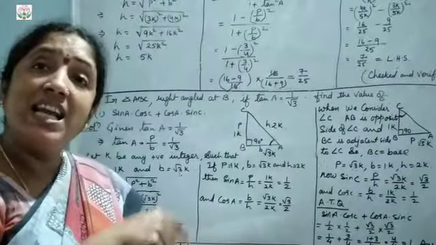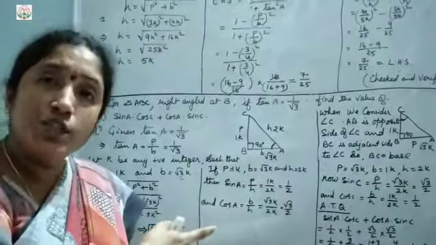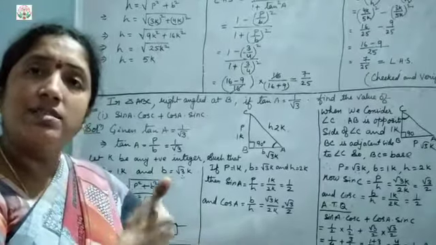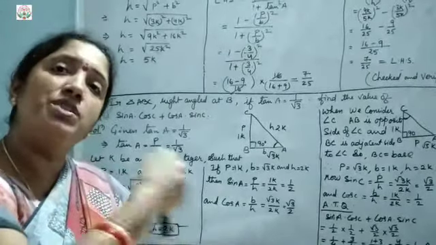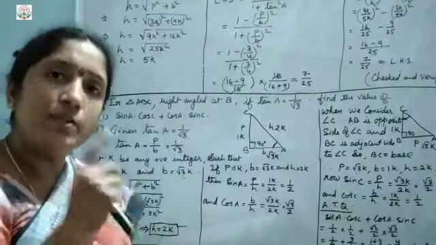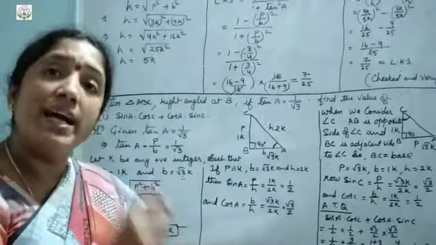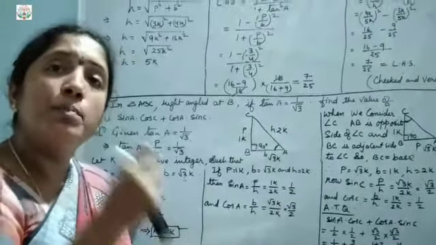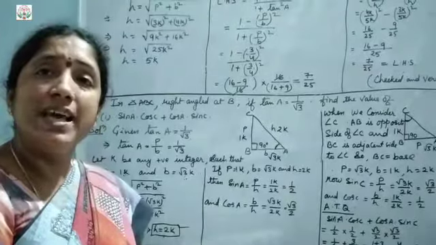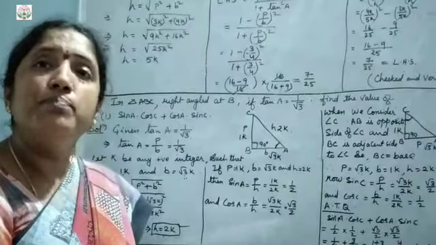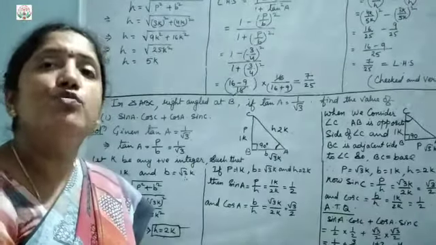Hypotenuse is less than the perpendicular. Is it possible? Can the larger side be smaller than the smaller side? No. That means H must be greater than P. But here in this case, H is less than P. That is why it is false.